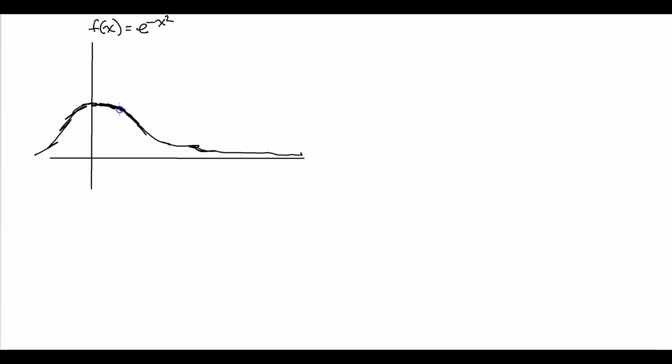Now, with the derivative of e to the x, you can solve lots of fun problems like this one. So imagine you had a rectangle, such that one of the vertices is the origin, and the other is on the graph.